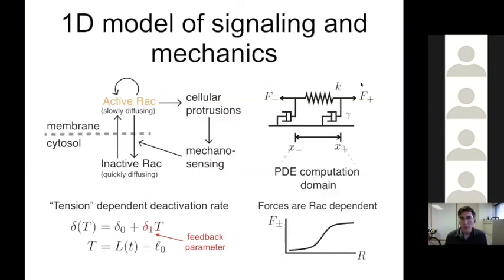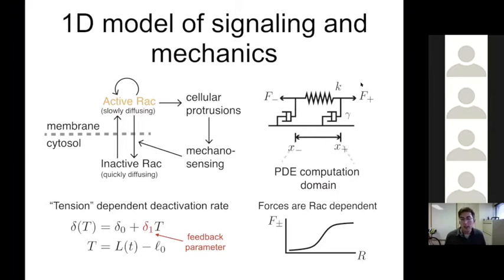So to push this a little bit further, we did a series of things. First, we built a simple 1D model of the signaling and mechanics, where Rac can actually cause the cell to expand, right? Because Rac causes actin to start polymerizing, it will cause the cell to expand. As the cell expands, it will increase its tension, corresponding to its preferred rest length.